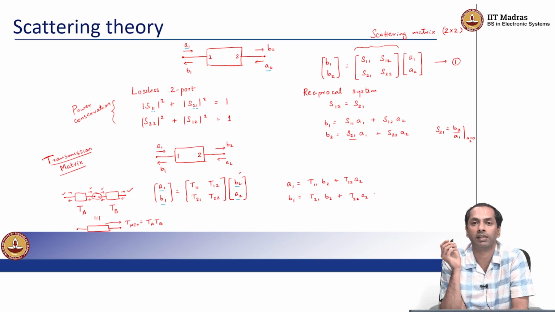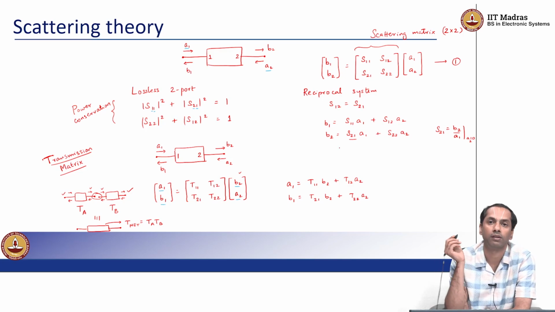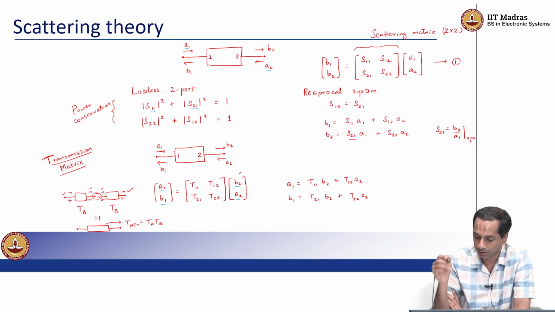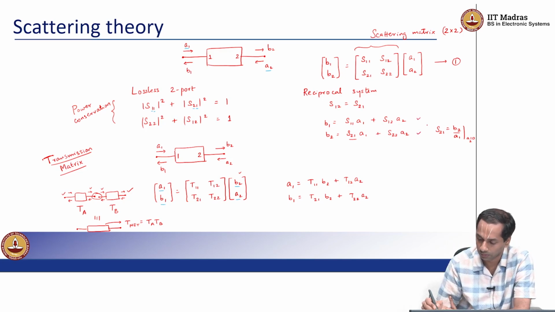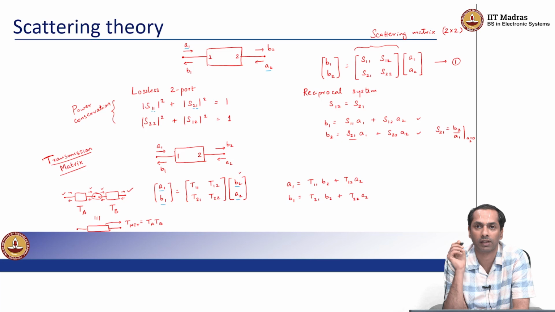Remember, A's and B's are just variables that can be moved around in these linear equations, and I just need to get an equation similar to these two in order to equate the coefficients and find the relation between the S and T matrix.